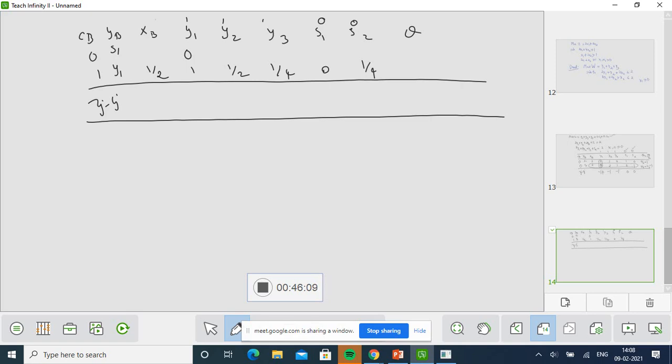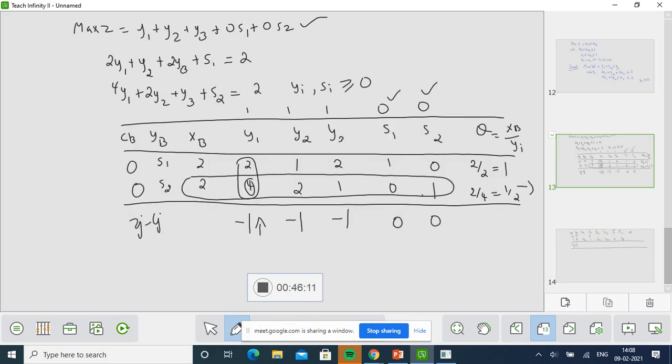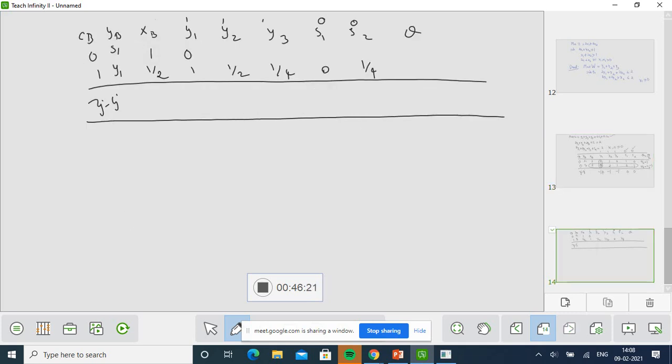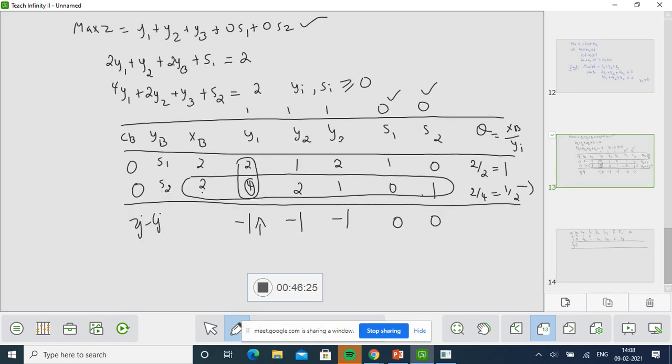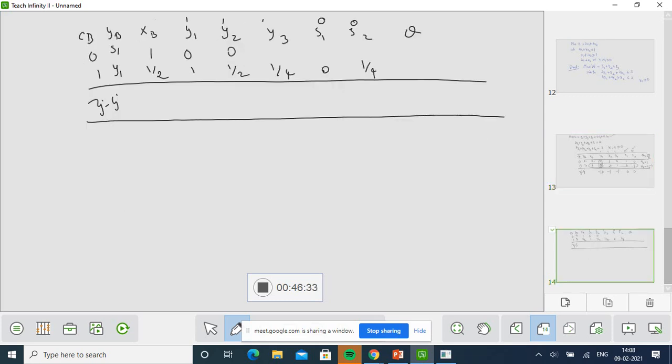You will get your entries: 2 minus 2 into 2 by 4. So 2 minus 4 by 4 is 1. So over here you will have the entry as 1. Come over here, 1 minus 2 into 2, 4 by 4 is 1, entry becomes 0.